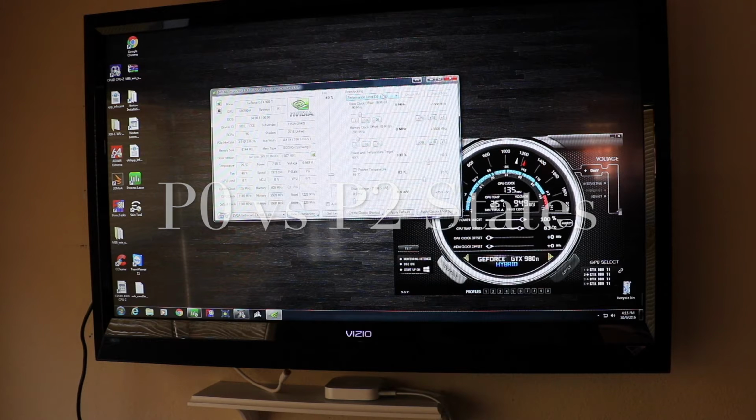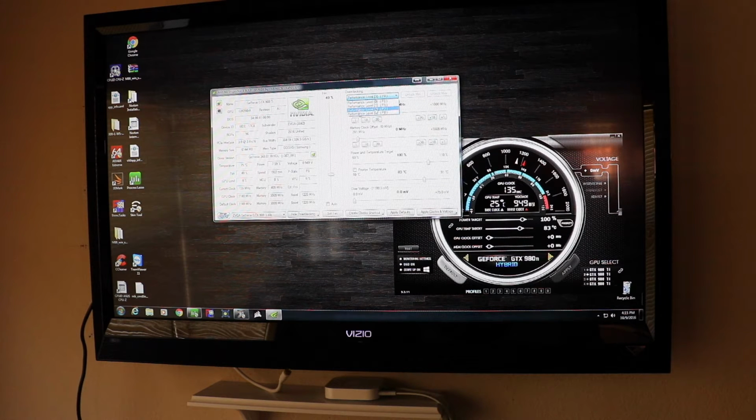You run this thing as fast as you want, overclock it, until it fails. Unfortunately, for scientific purposes, when we're crunching data, or the work units, NVIDIA decided that they were going to use a P2 state for those scientific processes. And that's slower than your normal. Your normal memory clock is about 7 gigahertz. They lowered this thing down to 3304.